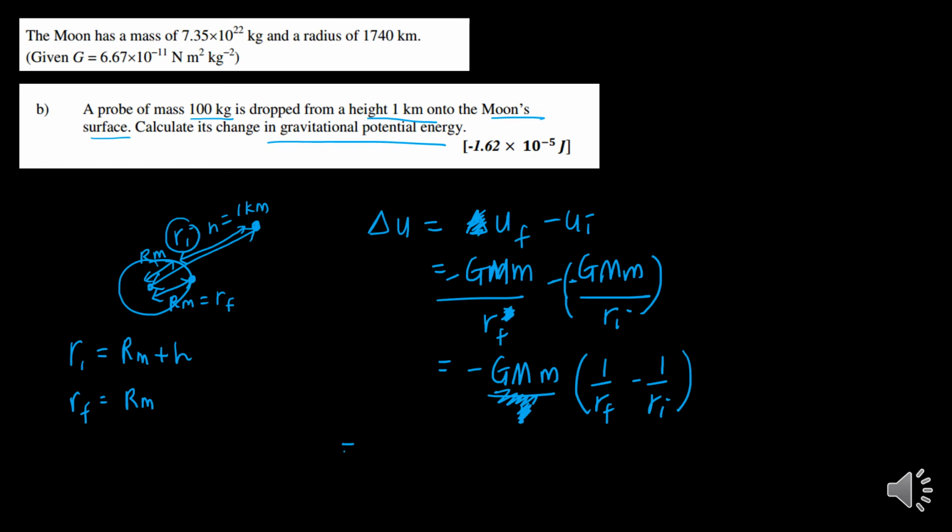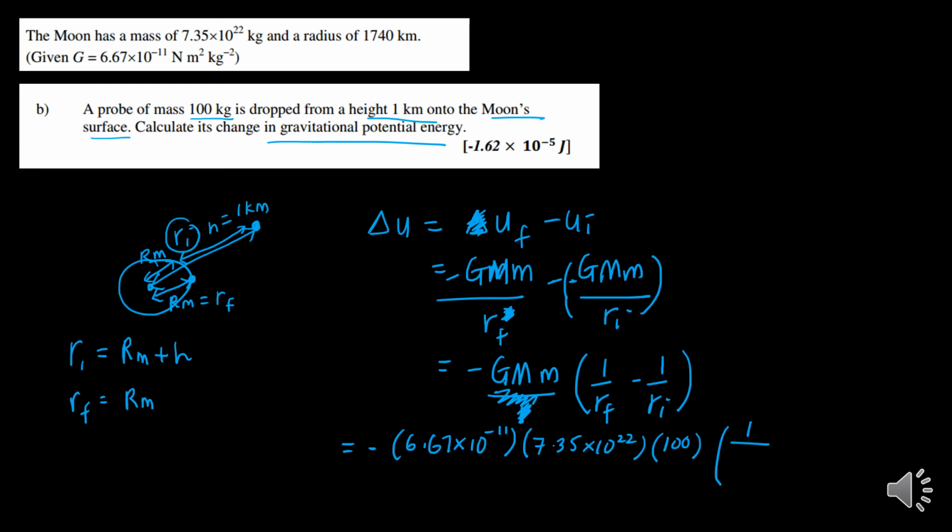So now we substitute the values. 6.67 times 10 to the power of negative 11. The mass of the point mass is 7.35 times 10 to the power of 22. The test mass is 100 kg, times 1 over R final minus 1 over R initial.